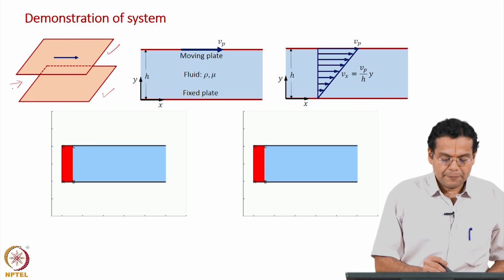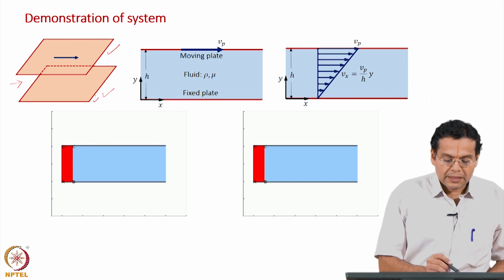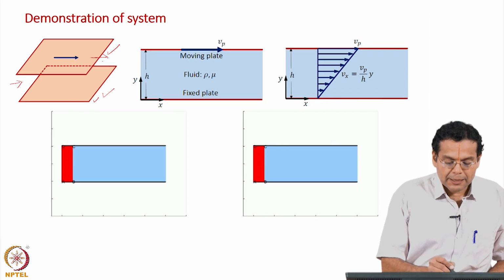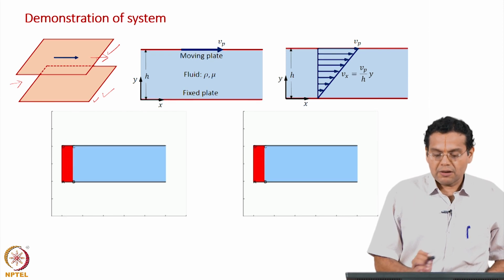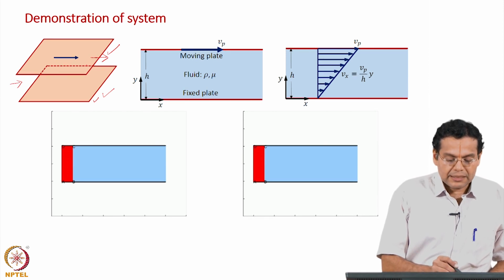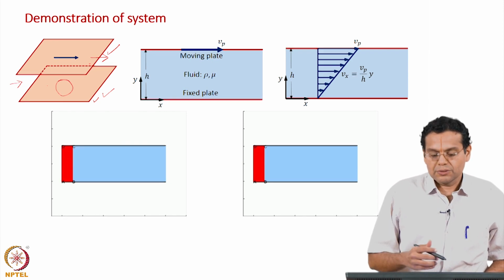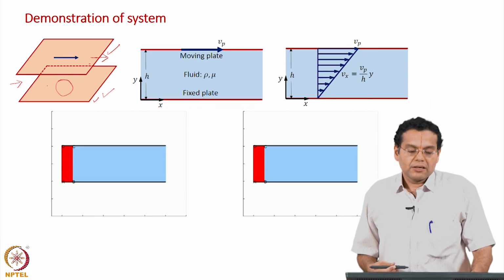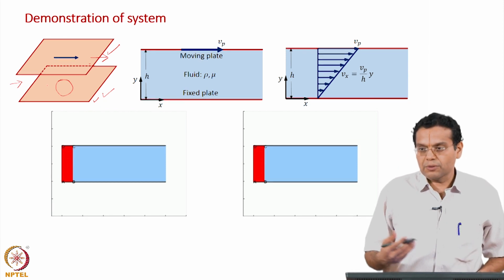But in this case this plate is stationary. Now, the top plate is given a constant velocity, and this movement of the top plate causes movement of fluid in the region between the two plates. So, the way in which we cause the motion of the fluid is different in both the cases.